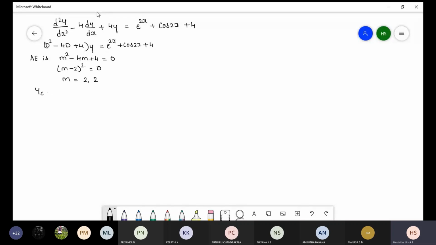Repeated roots means this comes under case 2. So yc is c1 plus c2x into e power 2x. Yp is e power 2x divided by d square minus 4d plus 4, again plus cos 2x divided by d square minus 4d plus 4, plus 4, nothing is there means we can consider e power 0x over d square minus 4d plus 4.